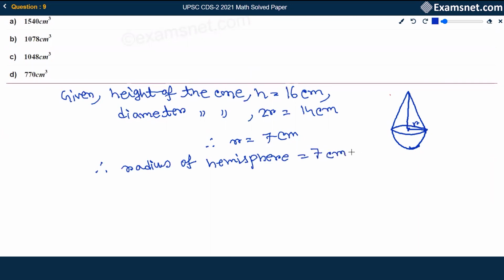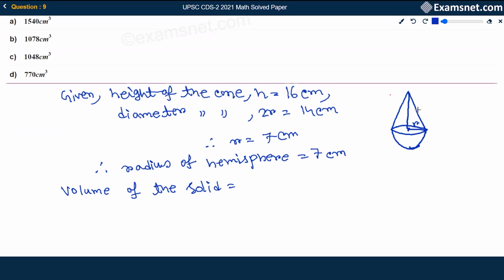Okay, volume of the solid thus formed. So what will we do? We will first find the volume for the cone and for the hemisphere individually. Then we will add them to get the total volume of the solid formed.